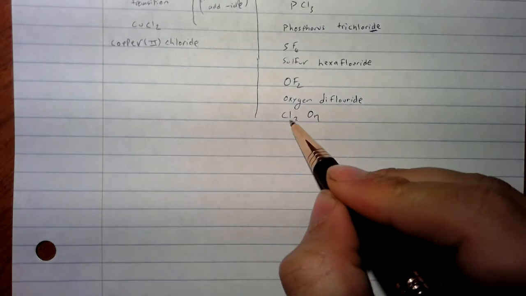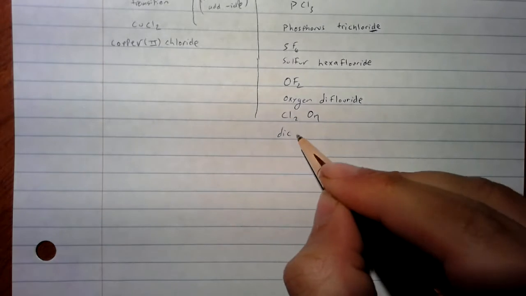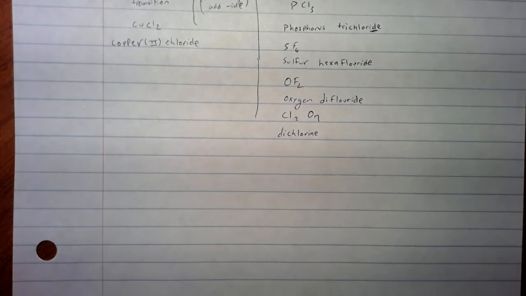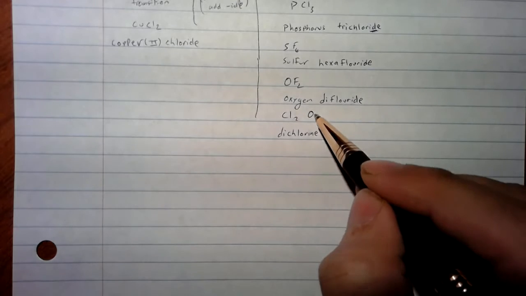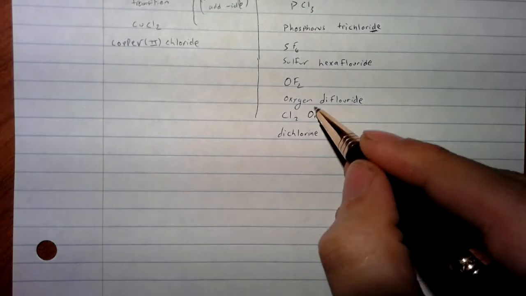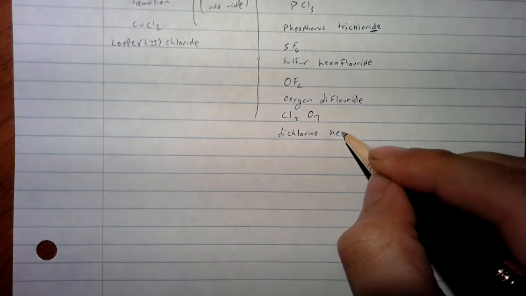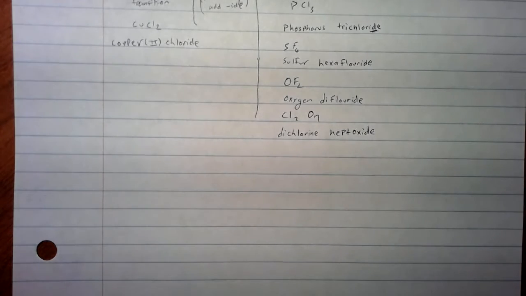We have to use the prefix for this one over here, so we put di, but I'm going to write chlorine, because that's the element. We're not putting dichloride. The IDE is only for the second element. So we've got dichlorine, and then for the oxygen we've got 7, so it's hept-oxide. There you go: dichlorine heptoxide.